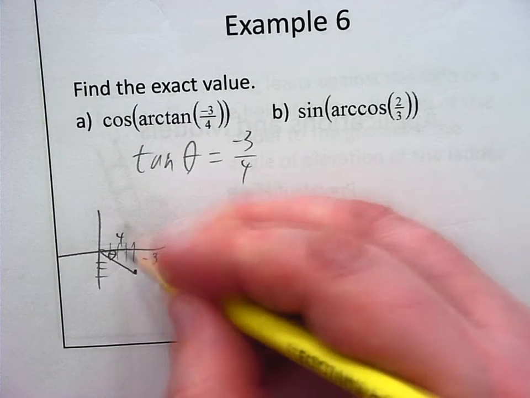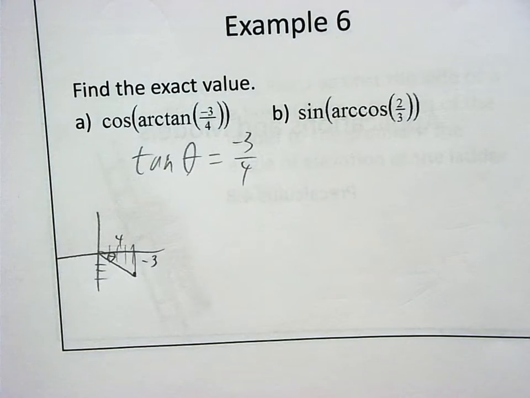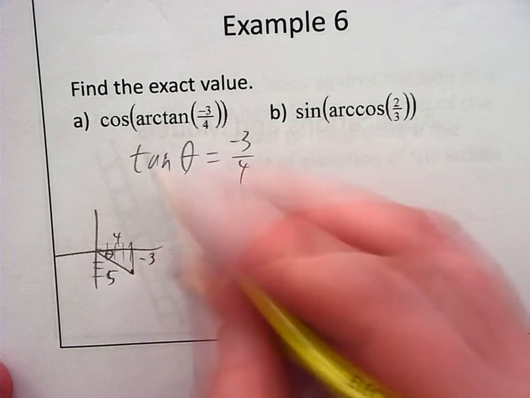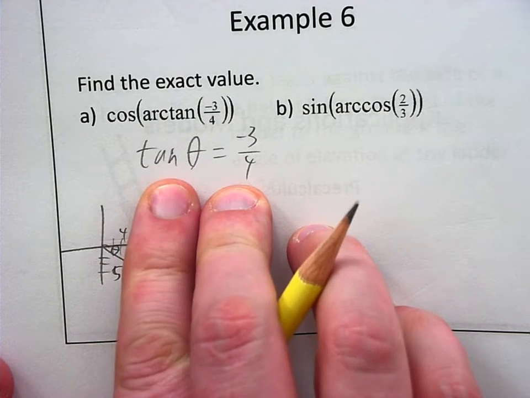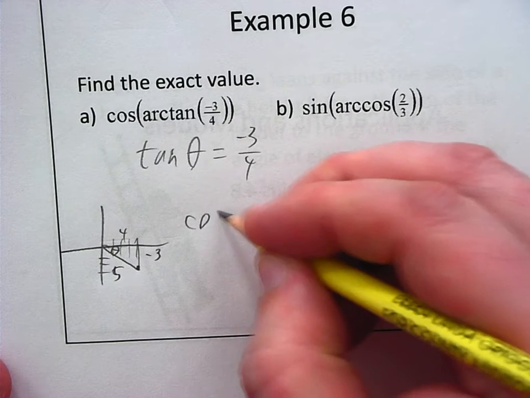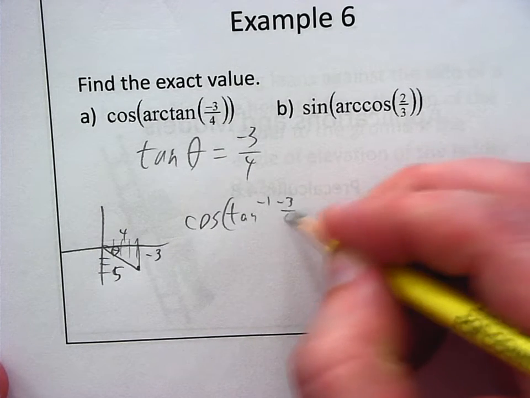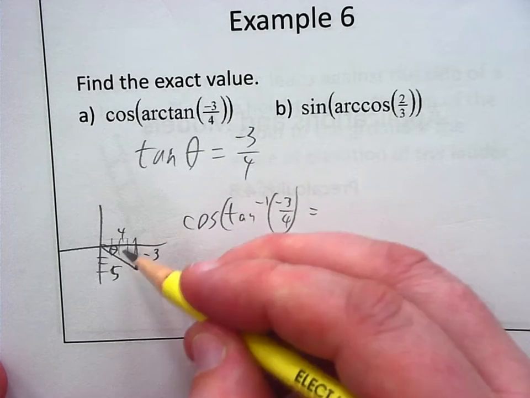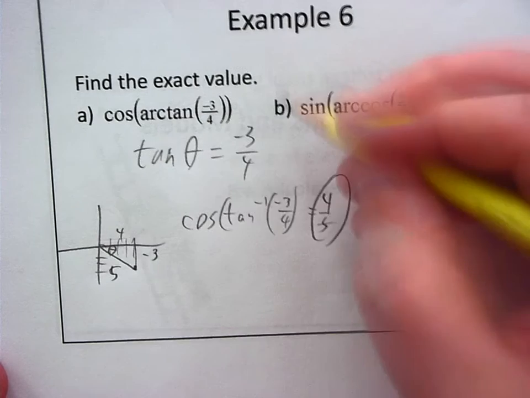That's opposite of this angle over adjacent. What would the hypotenuse be? 5. Once I have that, now I can figure out what cosine would be. Cosine of whatever angle this generates, I don't care what the angle is, would be what over what? Adjacent over hypotenuse, 4 over 5. So that'd be 4/5.